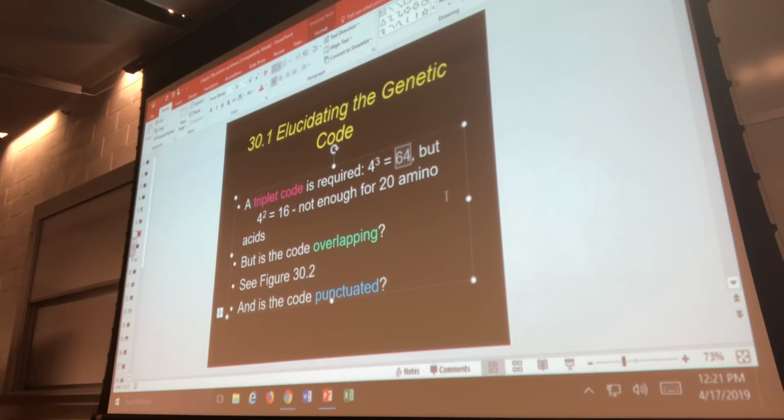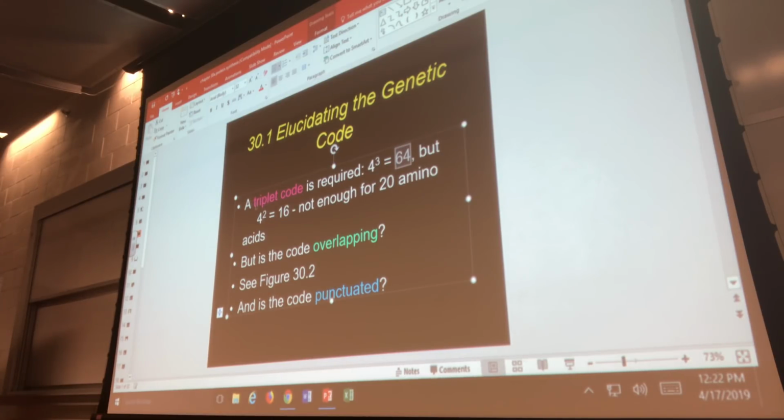Imagine it was a unicode, meaning you only need one base to describe an amino acid. What's the maximum number of amino acids you could possibly code if you only use one base? You can only code for 4 amino acids, one base for one amino acid. If it was a duo code, meaning you take 2 bases out of the 4 and you make a bunch of different combinations, how many combinations can you make if you only take 2 bases? It's 4 to the power of 2, which would be 16. There are supposed to be 20 amino acids, so that's not enough yet.